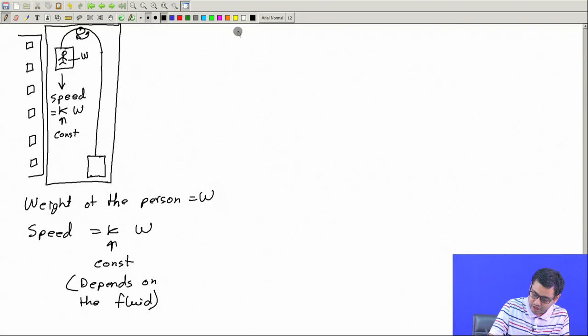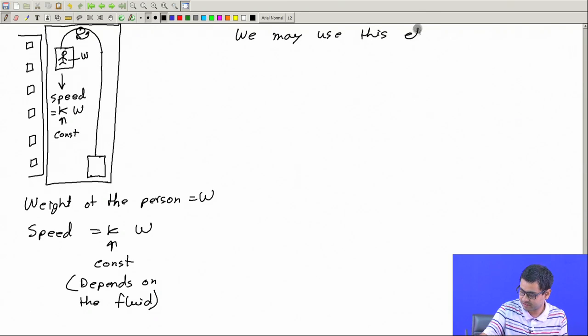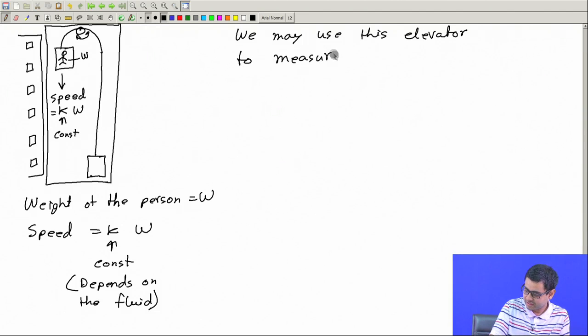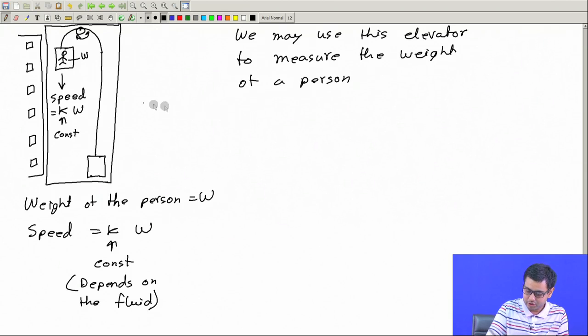So we may use this elevator to measure the weight of a person. How? It is simple. Say this height is h. Then one may measure the time required for this elevator with the person to come down through this height of h.